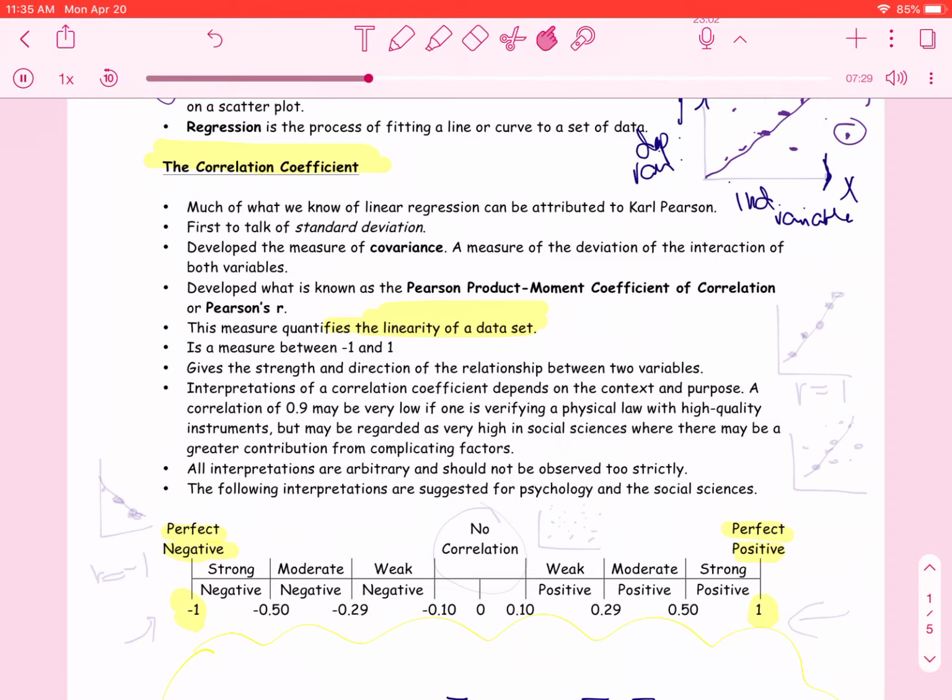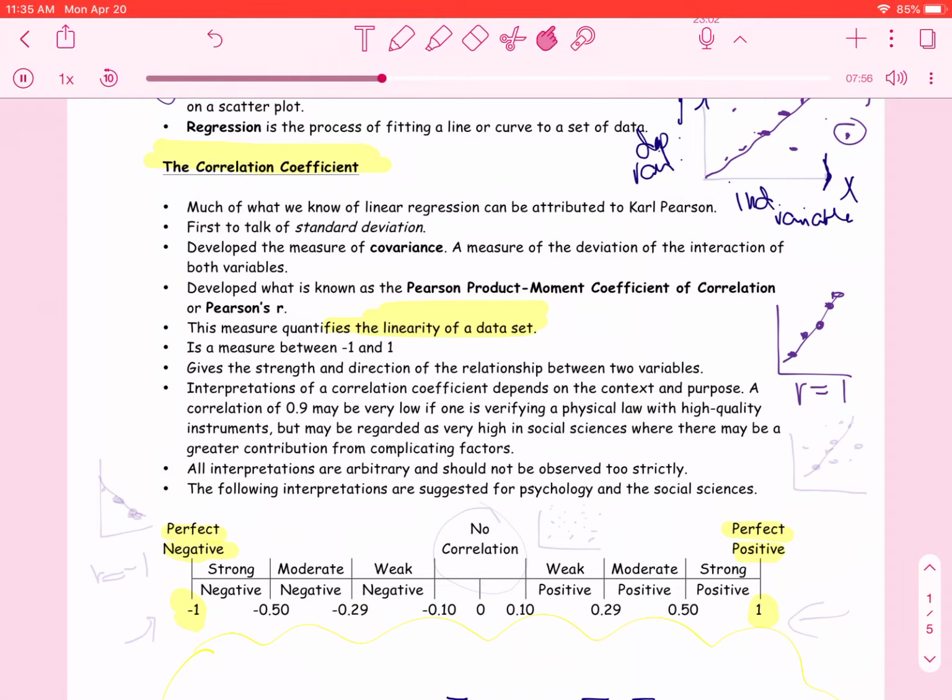Okay, so for instance, measures that are exactly 1 would be something like this. This would have a correlation coefficient of 1. Okay, now the reason why it would be at 1 is because each point that I've drawn is touching that line.